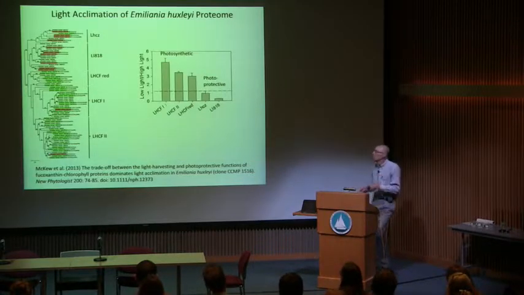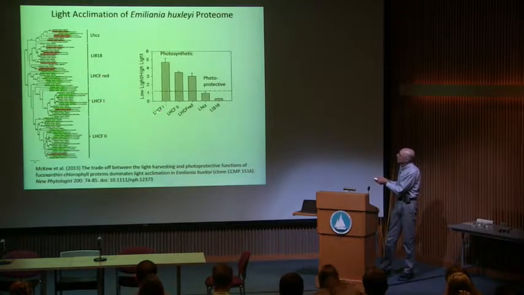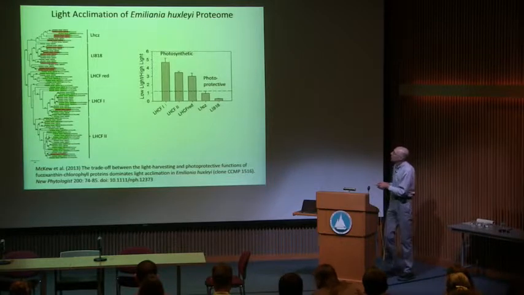Again, if we now group all the proteins that we detected, the abundances at the levels of these different groups, we have light harvesting chlorophyll fucoxanthin proteins 1, 2, and red. These are all involved in photosynthesis, and they're higher in low light.